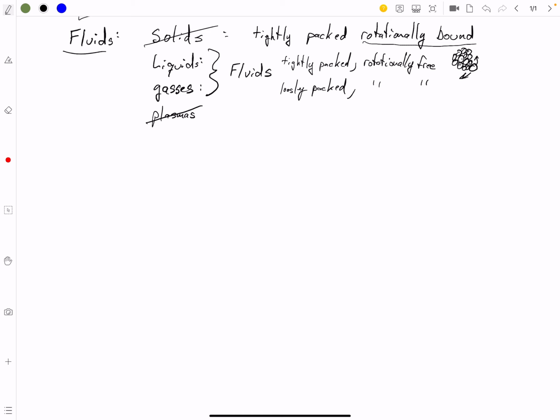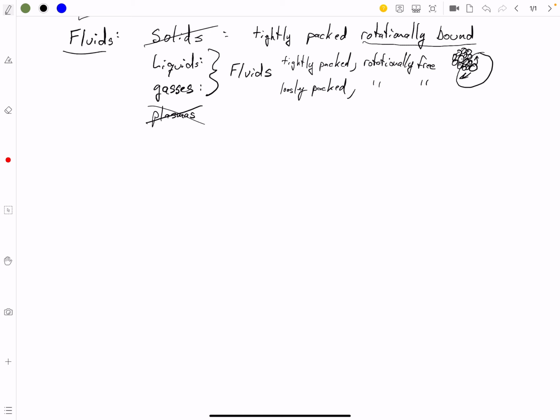We can consider them as linearly free, but they mostly are just able to move left or right in relationship to other molecules. So this right here can't happen for a solid, but can happen for a liquid.